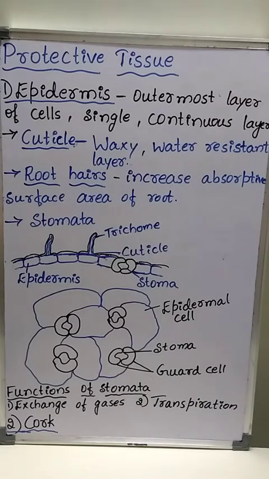In the case of xerophytic plants, means plants which are present in deserts, in the presence of less water, this cuticle is very thick. Cuticle is very thick in xerophytic plants because in xerophytic conditions the availability of water is very less.